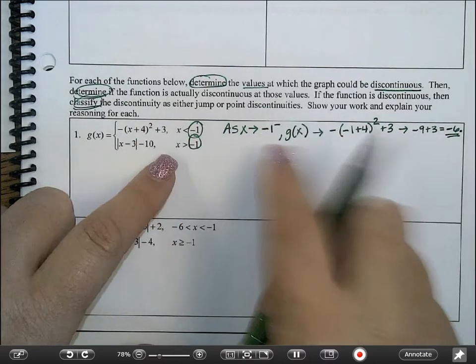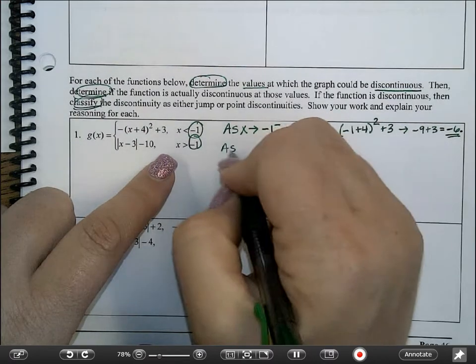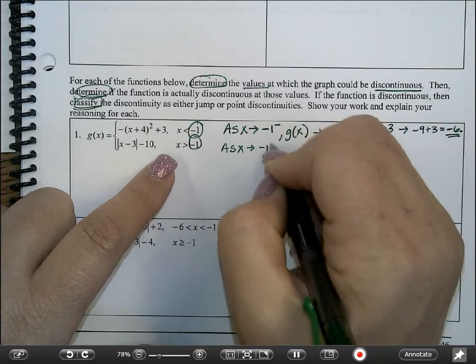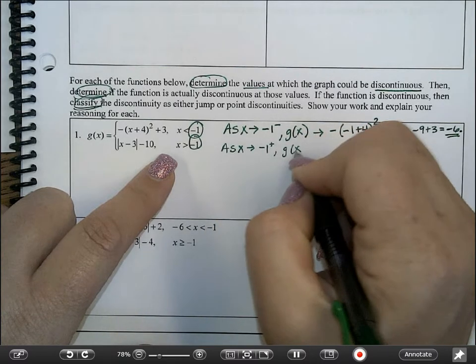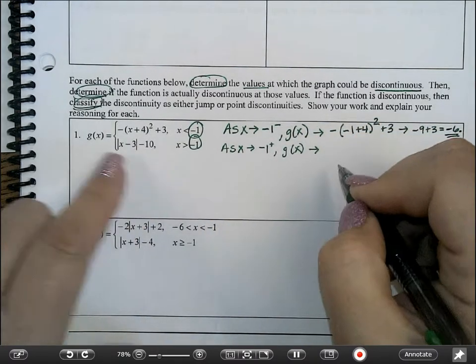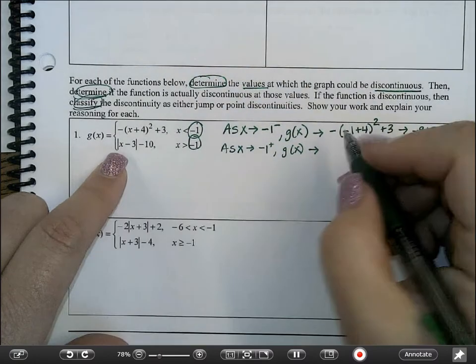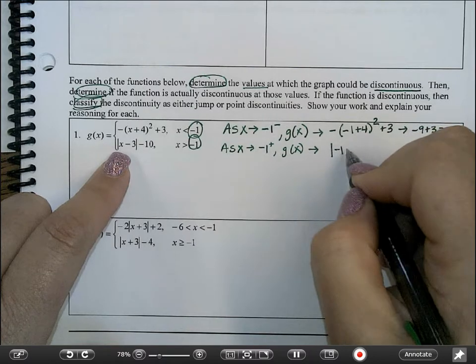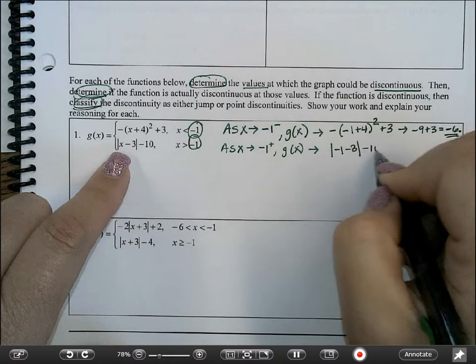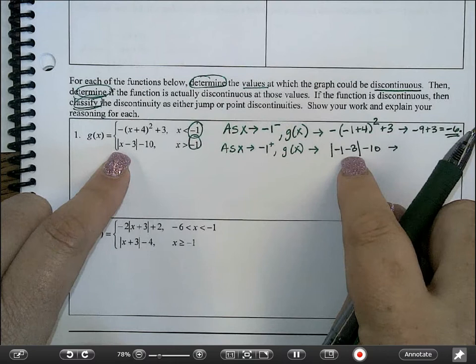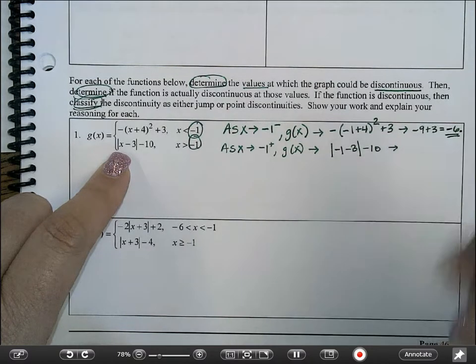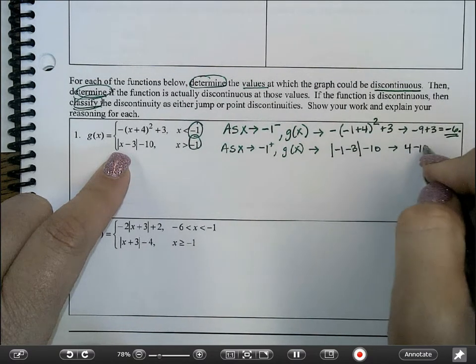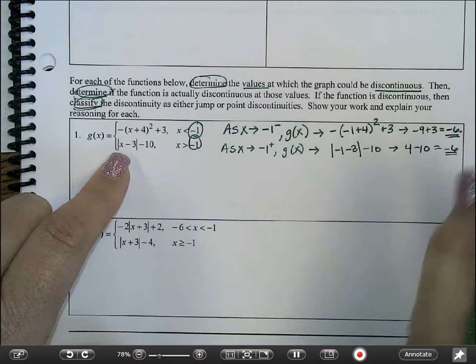Now I need to go to the right side. As x approaches -1 from the right, g of x, I'm going to plug in this absolute value. And instead of x, I'm plugging in -1 minus 3, minus 10. -1 minus 3 is -4, whose absolute value gives me a +4, minus 10, and I get -6. So what does that tell you?